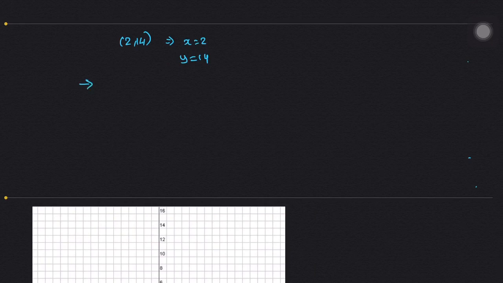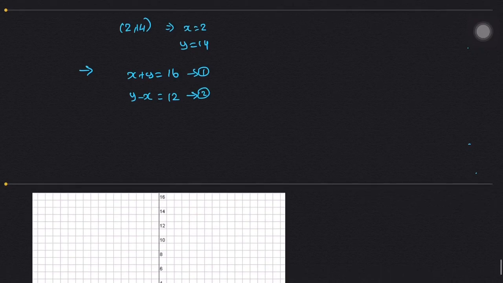So from this, x plus y is equal to 16 is one of the equations. And y minus x is equal to 14 minus 2, which is 12. So this is also one of the equations. Then y is equal to 7 times x. So this is also one. So we can make an infinite number of equations, because infinitely many lines pass through the given point.